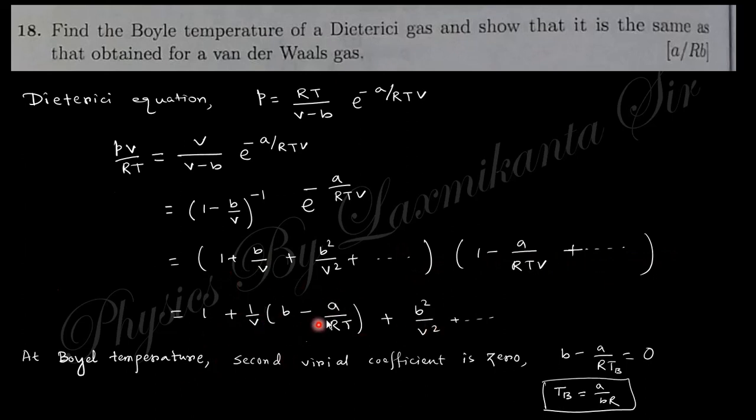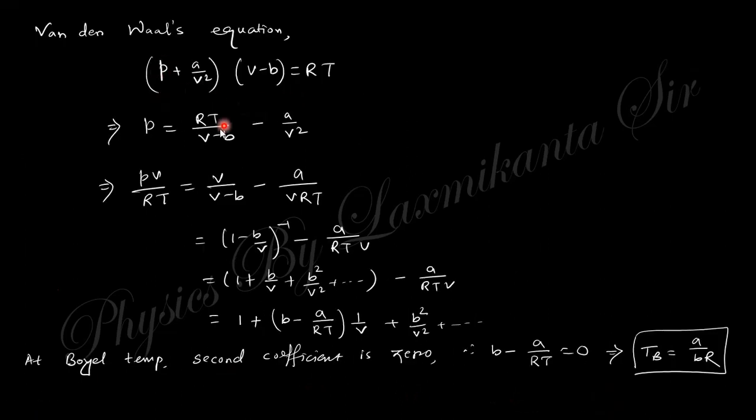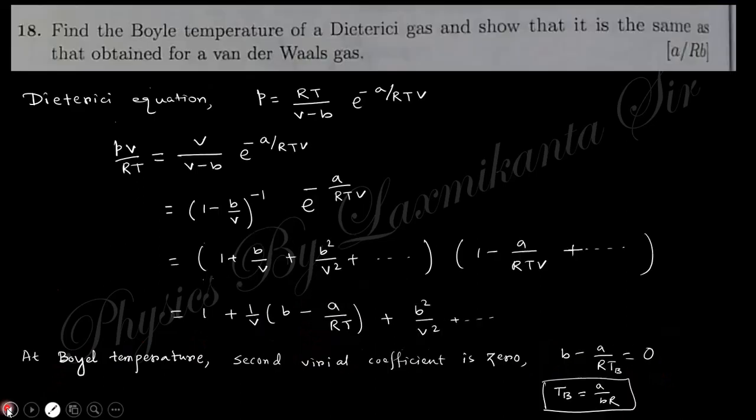The second coefficient will be 0. After that you will get the value T equals A by BR. Similarly for van der Waals equation, P equals like that, PV by RT equals like that, this will be 1 minus B by V whole inverse, binomial expansion, and this is like that. So just rearranging, you will get this one, and this second coefficient is also 0, you will get the same T. So the Boyle temperature in case of this equation and van der Waals equation are both the same. Clear?